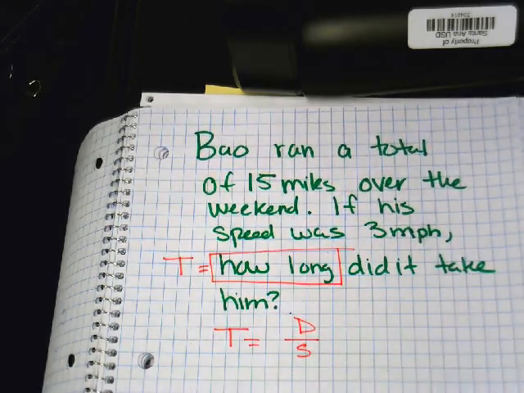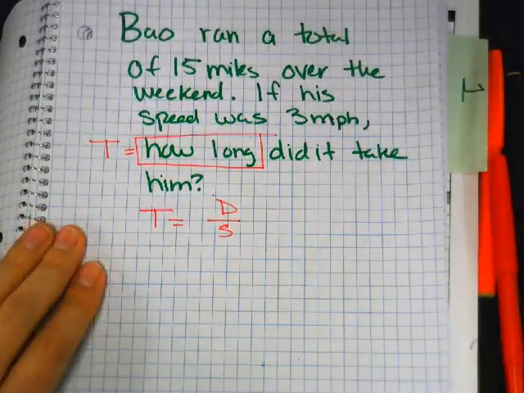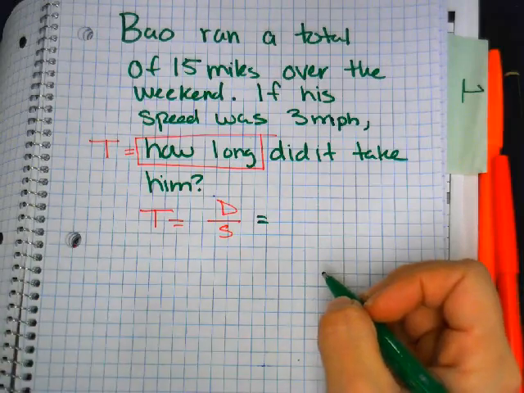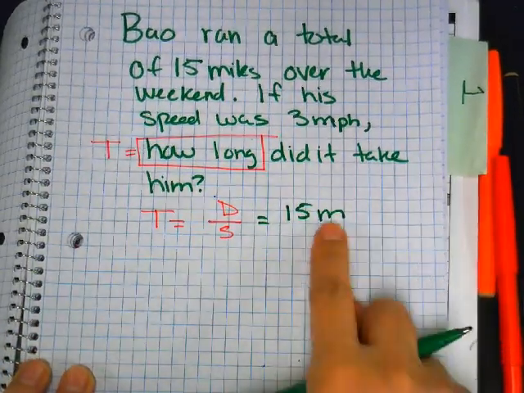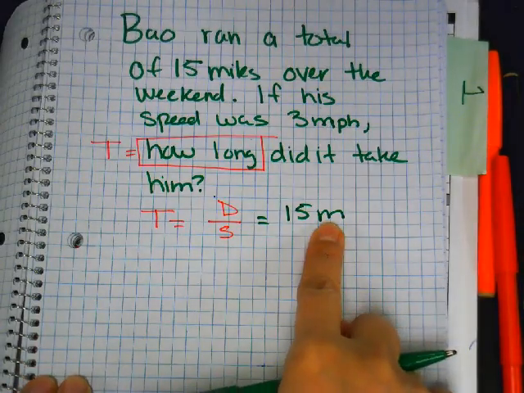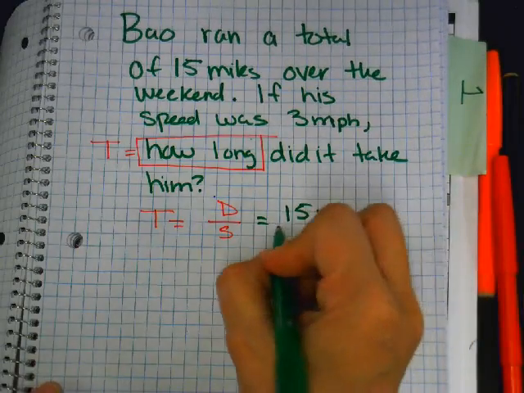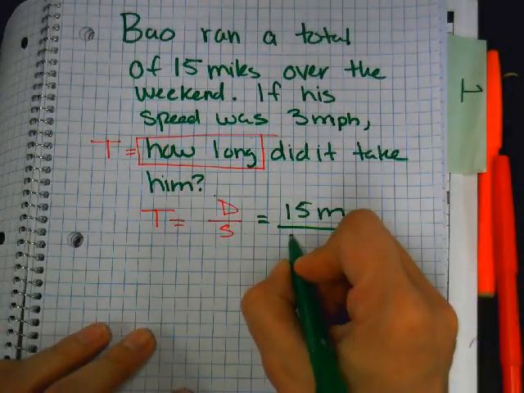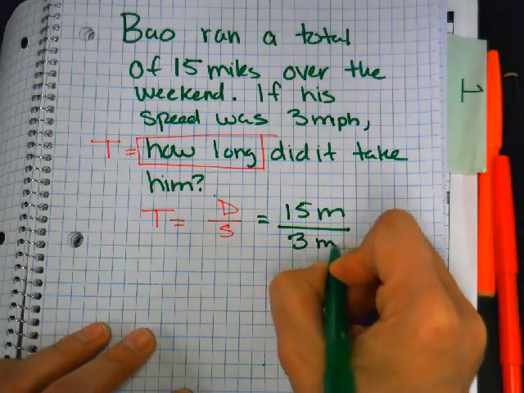When you write your numbers, also include your units. What's my distance? 15 miles. So I'm going to write my units. It's going to help you figure out the math easier if you take the 10 seconds to write it down. Speed. What's the speed? 3 miles per hour.